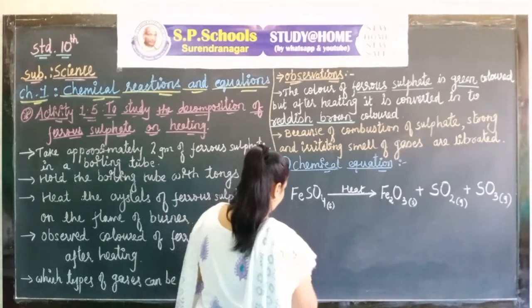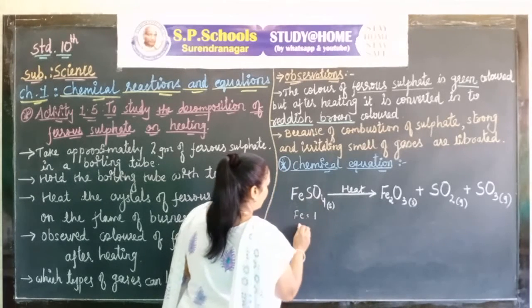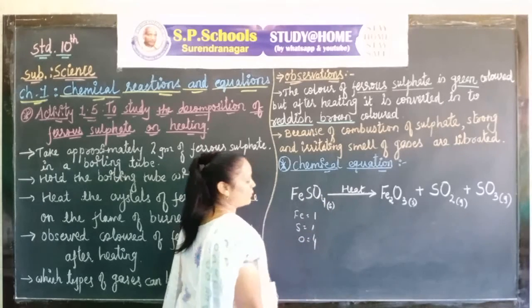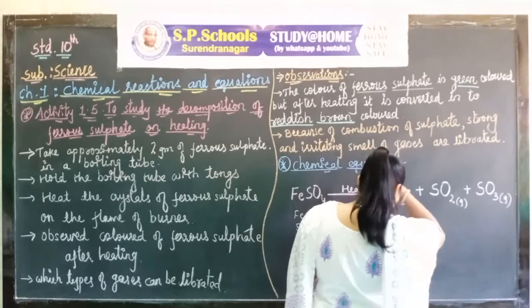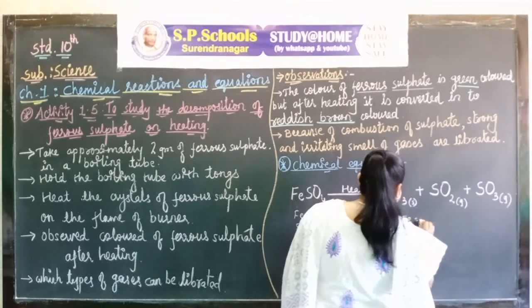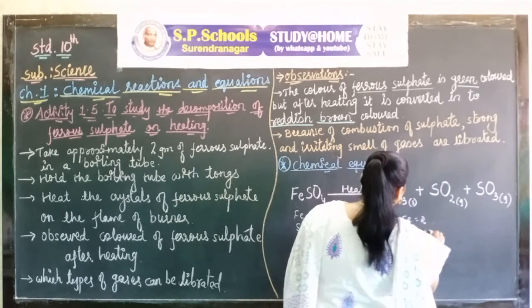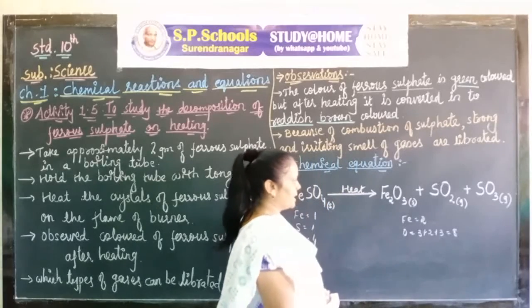Here in the reactant, Fe has 1, S has 1 atom, O has 4 atoms. In products, Fe 2 atoms, oxygen 3 plus 2 plus 3, 8 atoms.